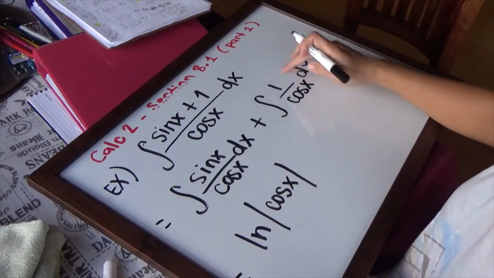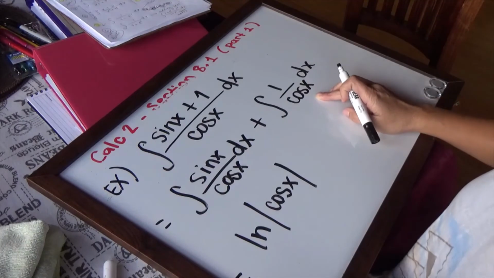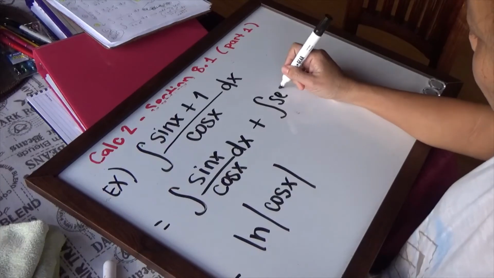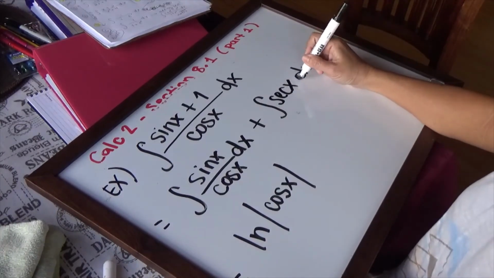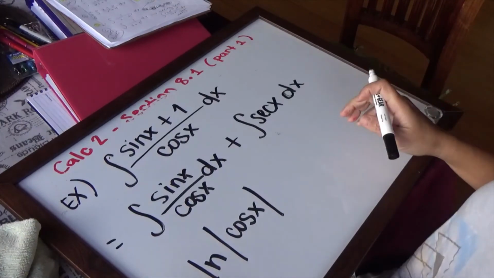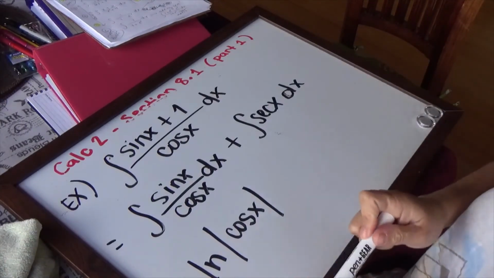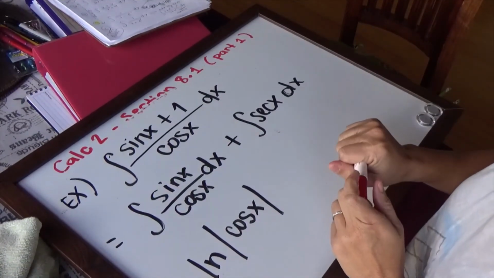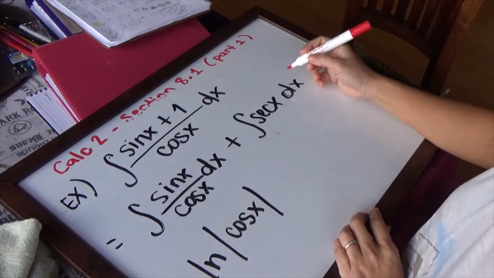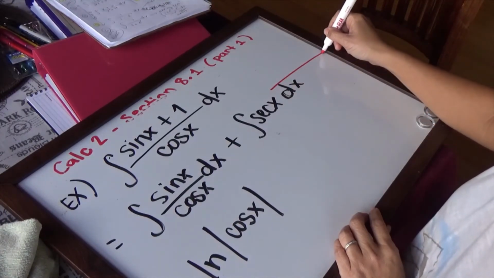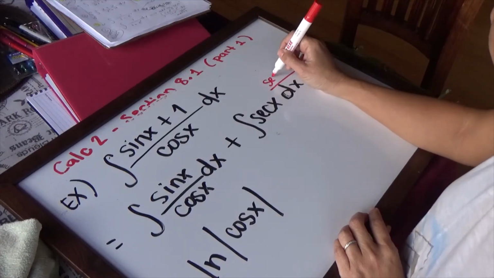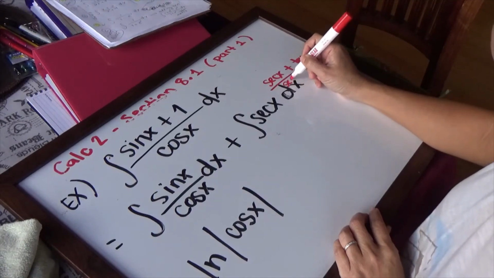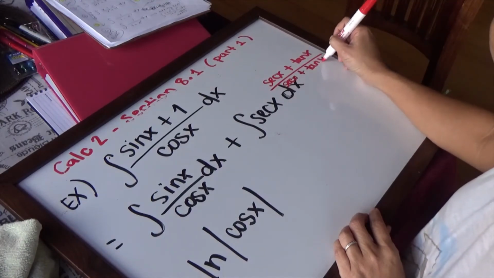This one right here, instead of saying 1 over cosine x, I am going to call that secant of x. 1 over cosine x is secant of x. And we have seen in class way long ago, maybe about a week ago or so, we had a really cool trick where we multiply that by secant x plus tangent x over secant x plus tangent x, right?